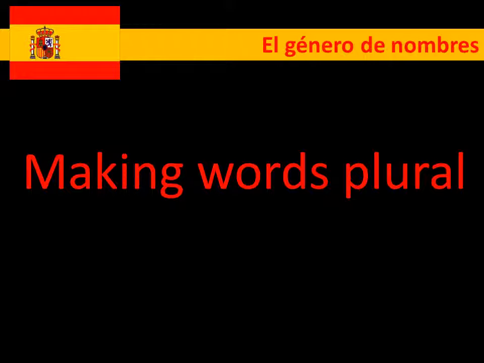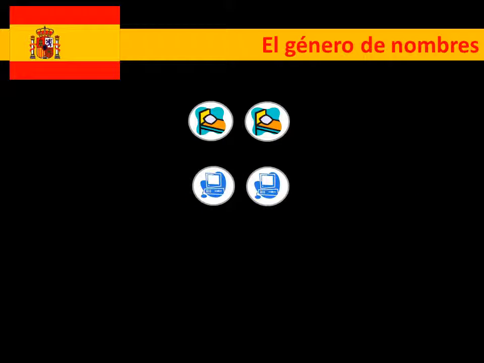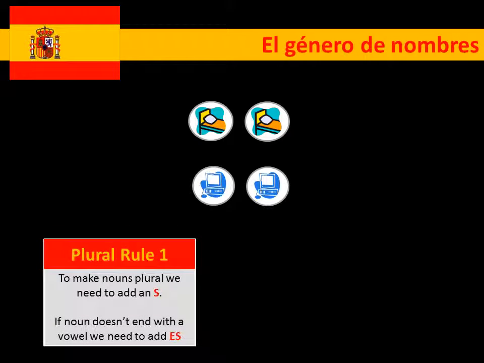Okay, finally we come on to making words plural. Okay, plural meaning more than one of them. So we're going to return to our examples from before, and we've got two beds this time, two computers. So let's have a look then. Rule number one. To make nouns plural, we need to add an S, similar to what we do in English. Think of bed and then beds.